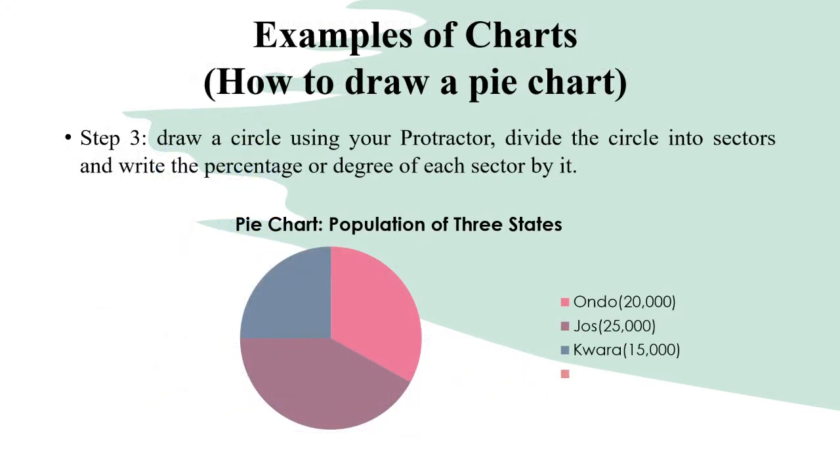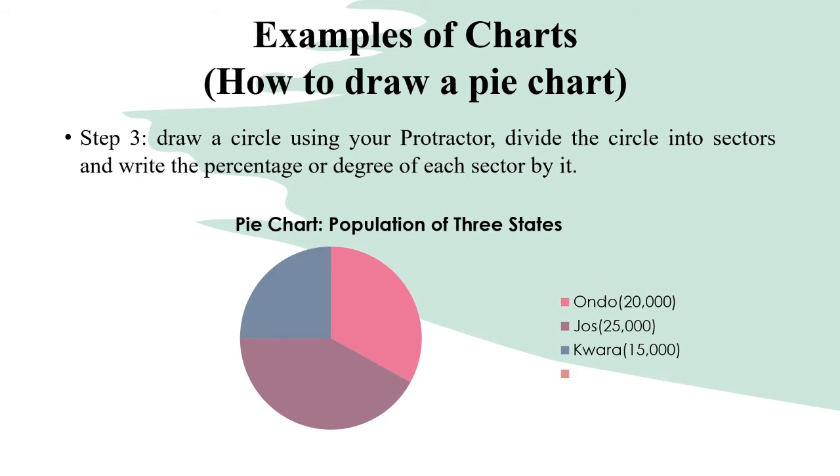Next step is to draw your circle using your protractor. Please always use your protractor when you are drawing a pie chart in an examination. It's very important for you to have an accurate outcome. Divide the circle into sectors and write the percentage or degrees of each sector by it.